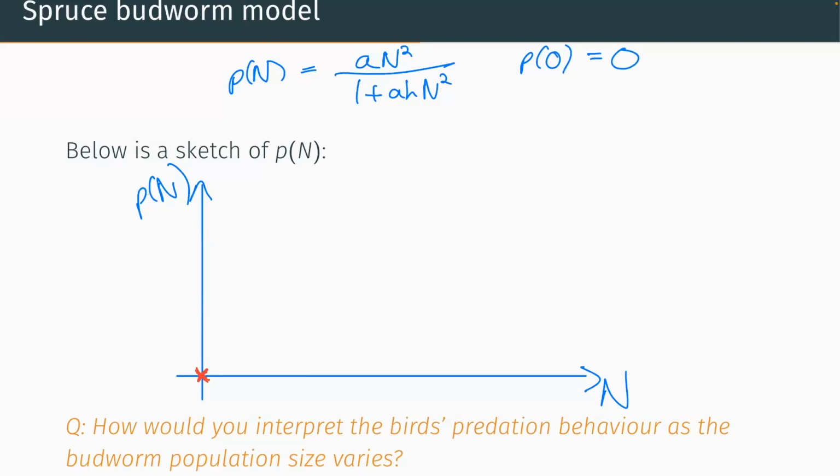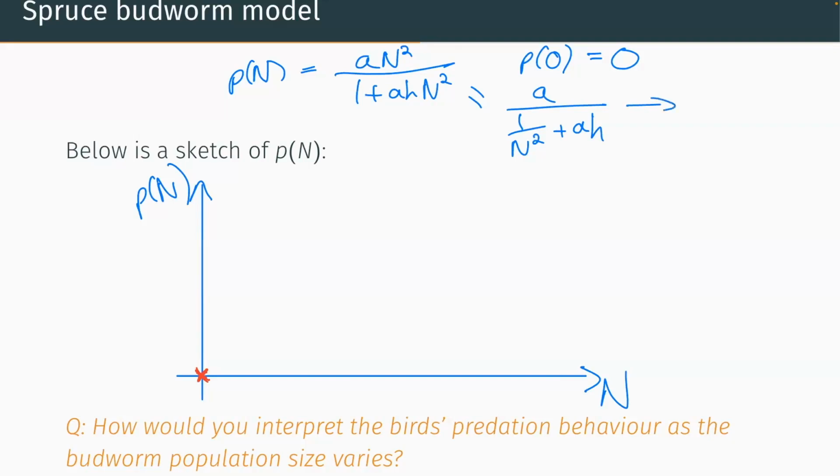Next thing is thinking about what happens when n gets very, very large. So as n gets very, very large, I can rewrite this as a over 1 over n squared plus h a. Okay, so all I've done is I've divided each of the terms within this by n squared. If I do that, then it all stays the same. I have to do the same to everything though. Okay, so what's this going to do?